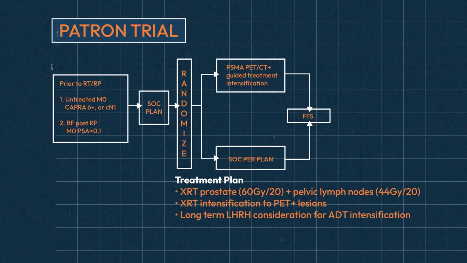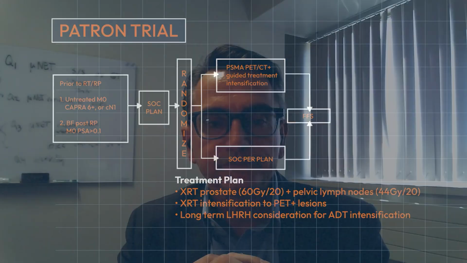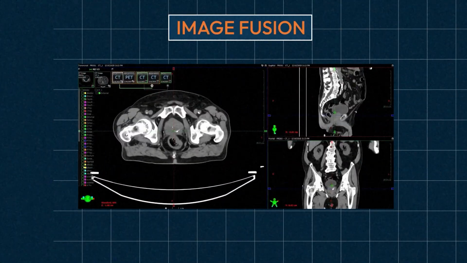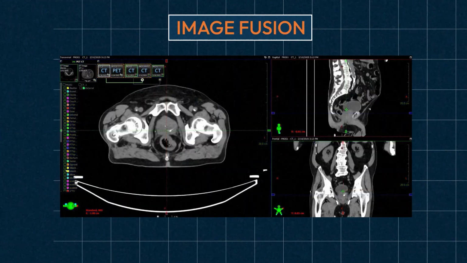So again, if you want to start to adapt your radiation plan to the findings of the PSMA PET scan, the first thing we need to do in integrating PSMA PET into the radiation planning is we have to fuse those two sets of images. So the PET CT with the planning CT used for the simulation for radiation planning.